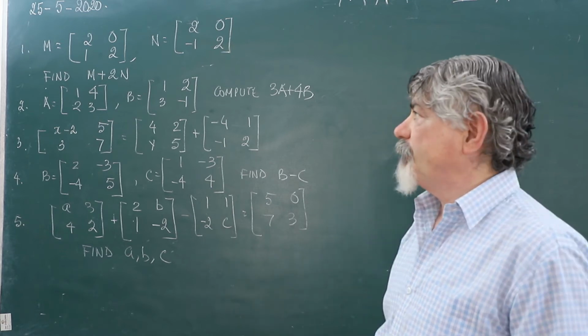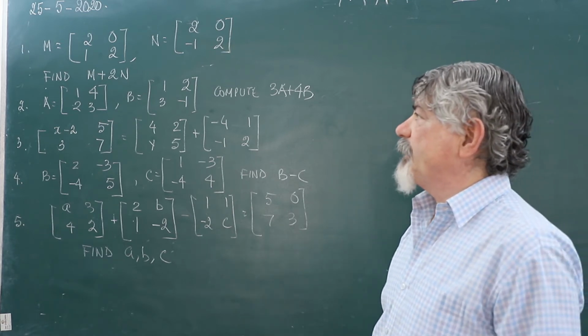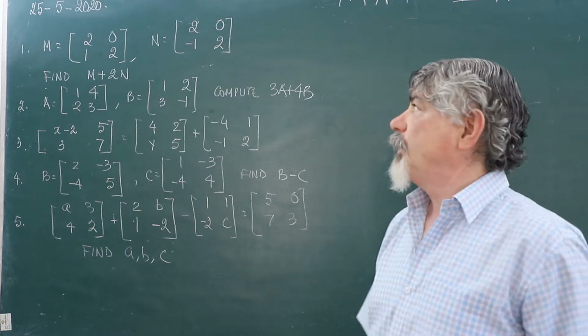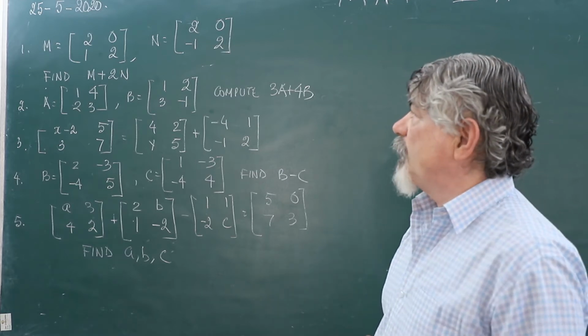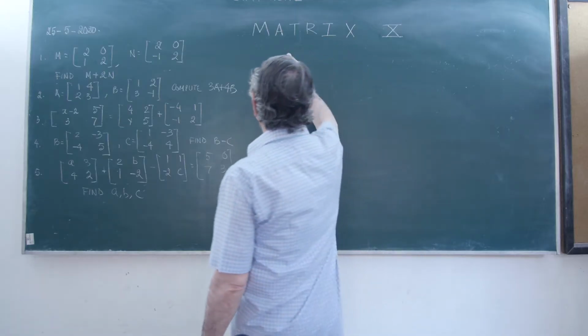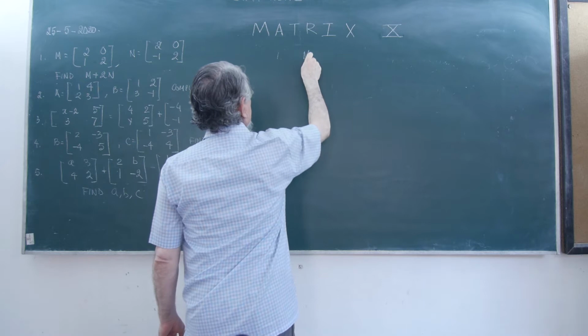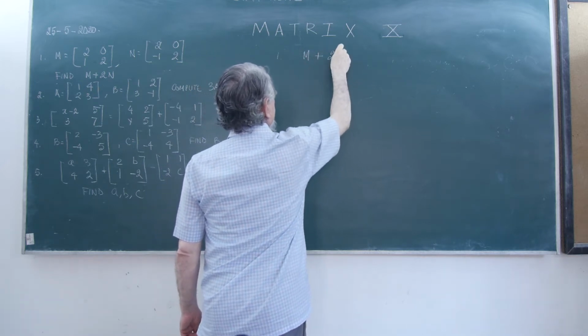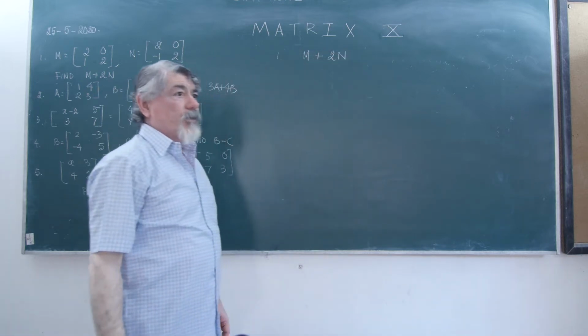Let us take question number 1, in which he has given you a matrix M, 2 0 1 2, and N, 2 0 minus 1 2, and he wants you to find M plus 2N. Actually, in this we are using two processes.